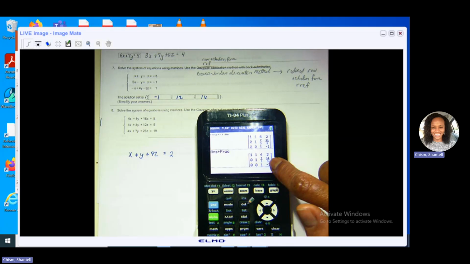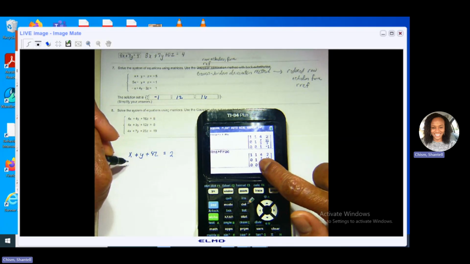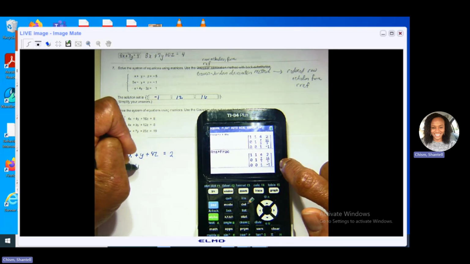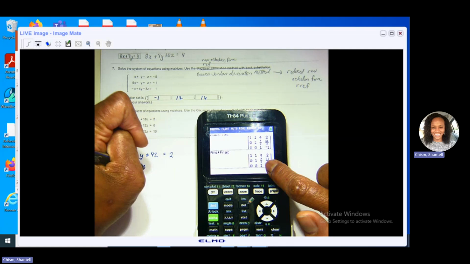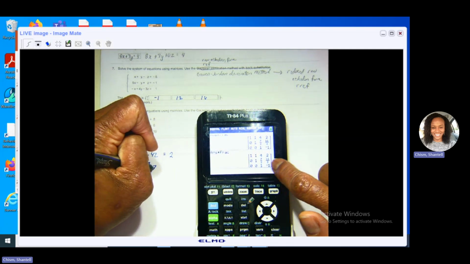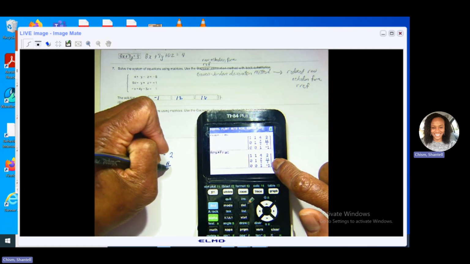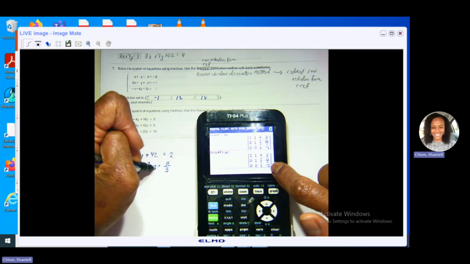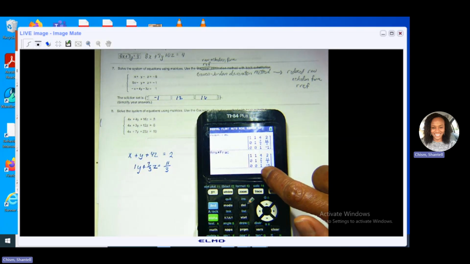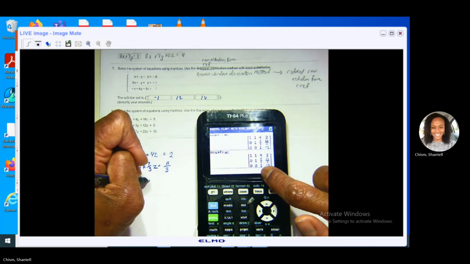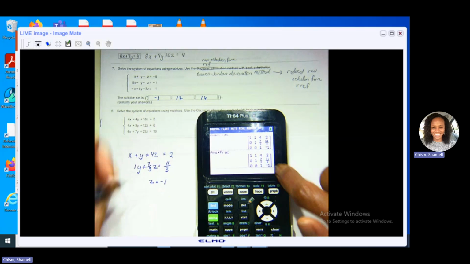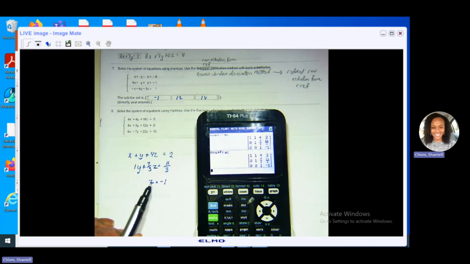The second equation has no x, it would be 1y plus 7/3 z equals 11/3. And the third equation is 1z equals -1. So z is the only solution that you currently have.